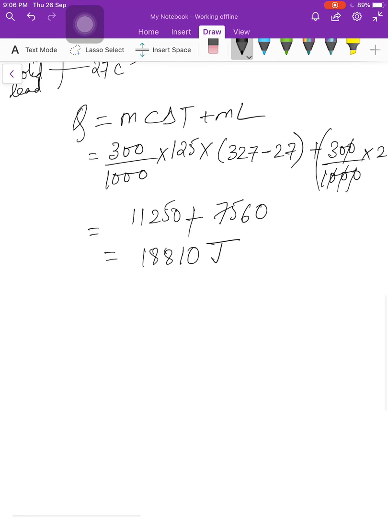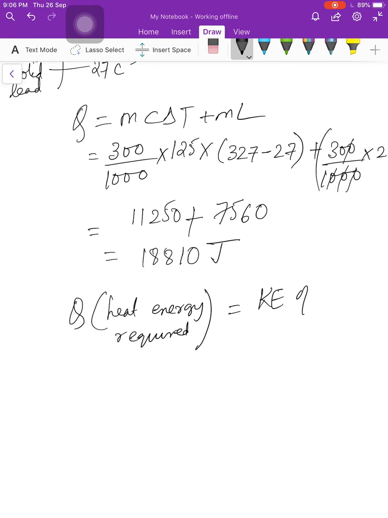So we can write here, heat energy required is provided by the kinetic energy of the hammer, right? So heat energy we have already calculated.